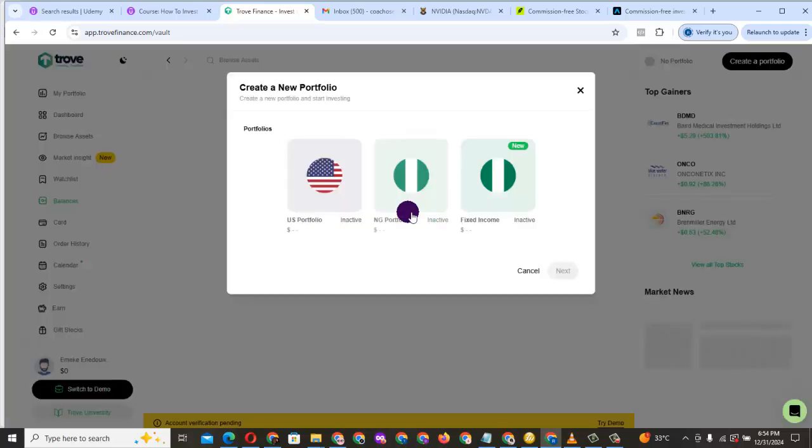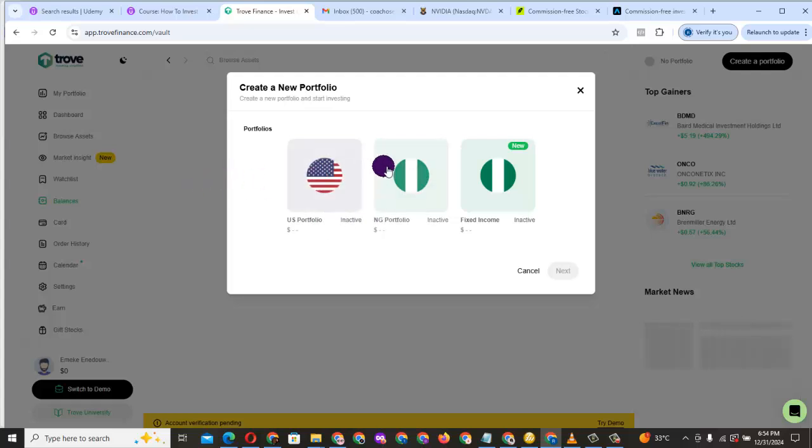So if I click here now, it will show me the three major portfolios. It's only when I have created one that it will show me the vault balance. You can see the US portfolio is inactive, the NG portfolio is inactive, and the fixed income portfolio is inactive. So whatever it is, you wait. Once the account has been approved, you choose either of these.